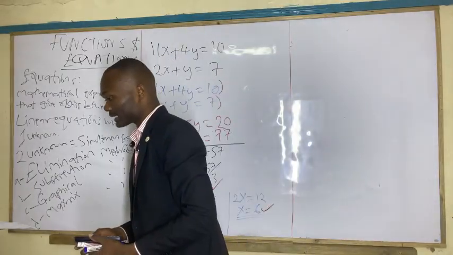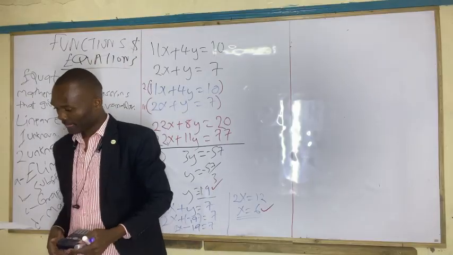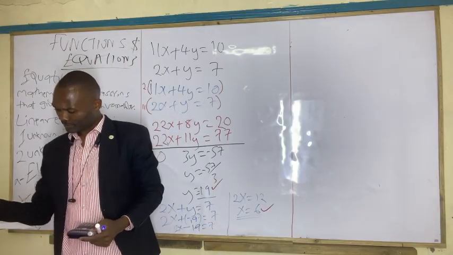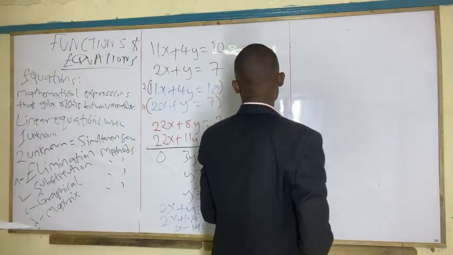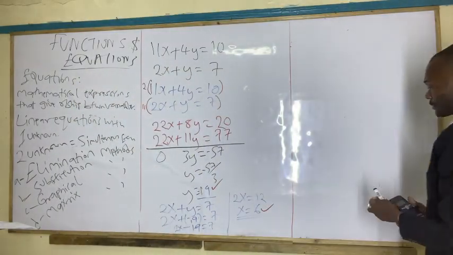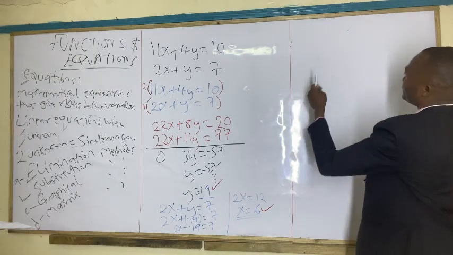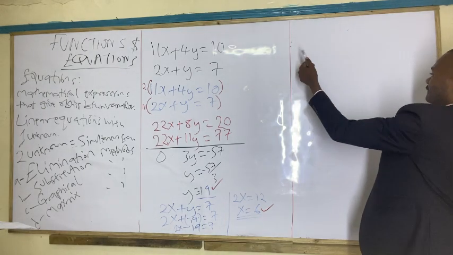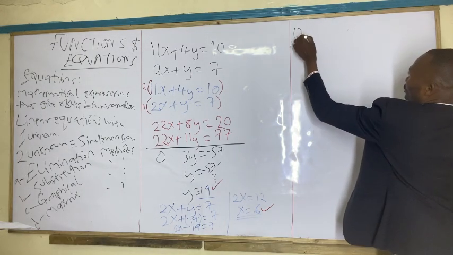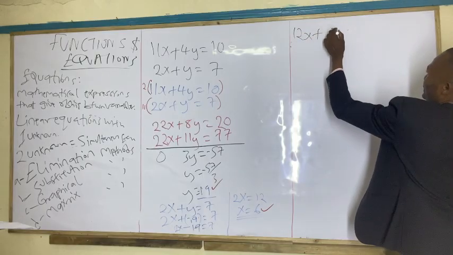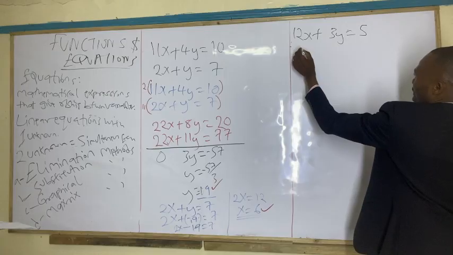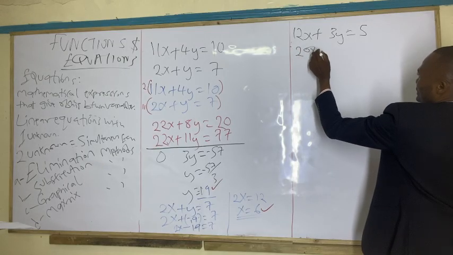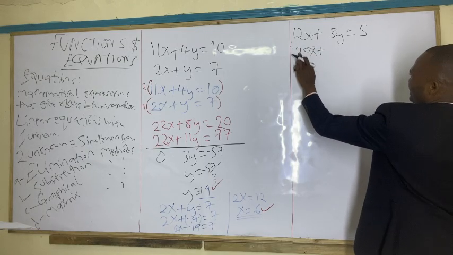Fine. Let's get another example, ladies and gentlemen. This one was 19. Another example can be 12x plus 3y is equals to 5, and, no, these are very big numbers.